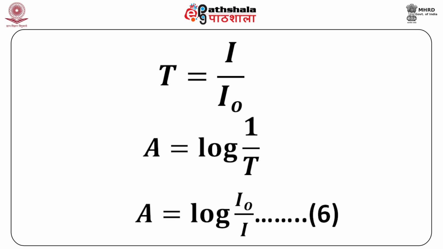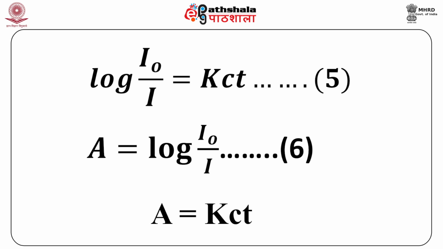Since transmittance, represented by capital T, is equal to I by I₀, and absorbance, represented by capital A, is log of 1 by T, thus absorbance A is equal to log I₀ by I. This is named as equation 6. From equations 5 and 6, it can now be concluded that absorbance A is equal to KCT.